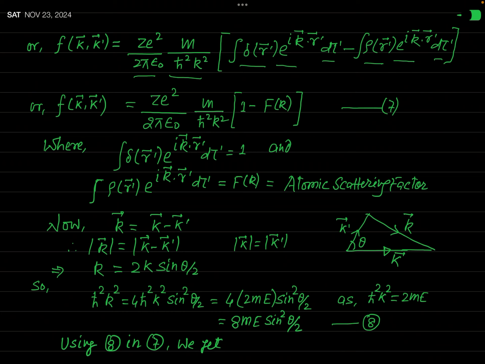In fact, this first integral inside the square bracket is equal to 1. This is just the property of the delta function. And we consider that this second integral, which is a function of kappa, is equal to f of kappa. In fact, this quantity is known as the atomic scattering factor.